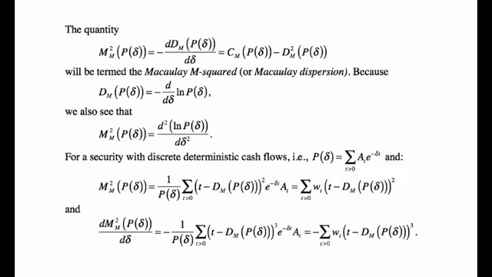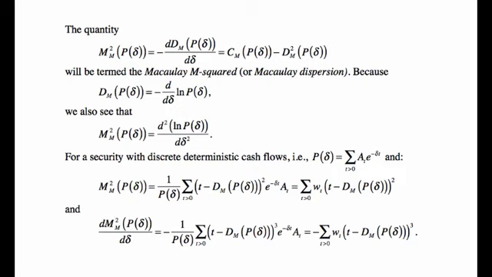And also, if we take the derivative of Macaulay m squared with respect to delta, that turns out to be equal to minus the weighted average of t minus Macaulay duration, that difference cubed.